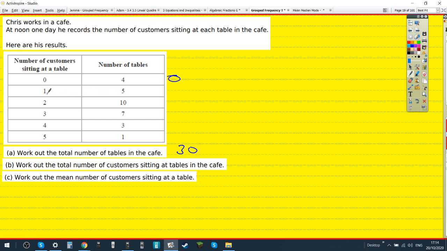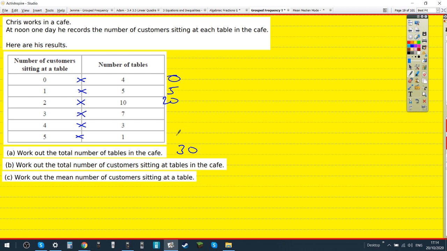5 tables have 1 customer each. How many customers is that? 5. 10 tables have 2 customers each. How many customers is that? 20. Yes. And so each time you're multiplying them. Okay. So continue that. Okay.